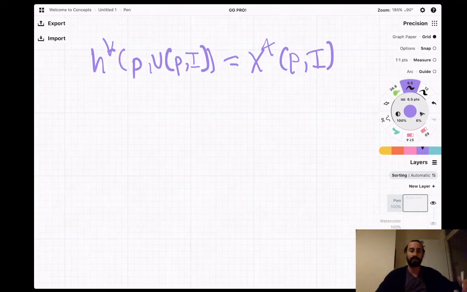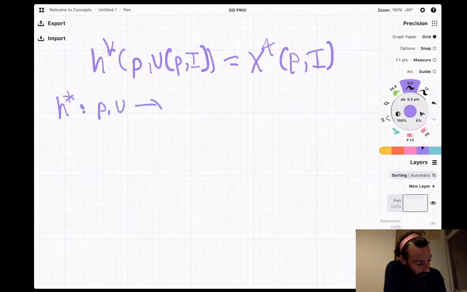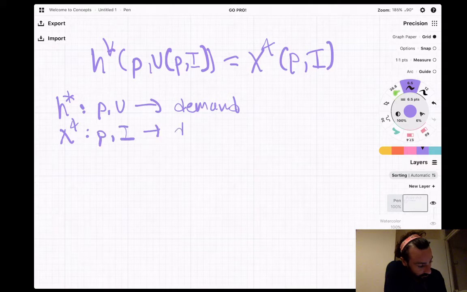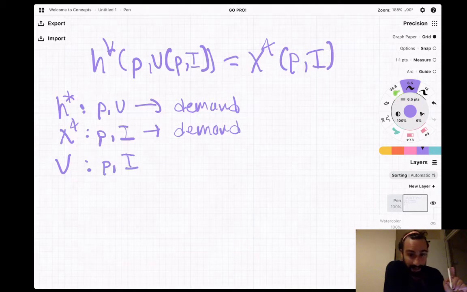There's never a change in the prices. We set the prices once and they're fixed. But notice that H star takes a price and a utility level and it returns a demand. X star takes a price and an income and it returns a demand. And the last thing is V takes a price and an income and it returns a utility level.